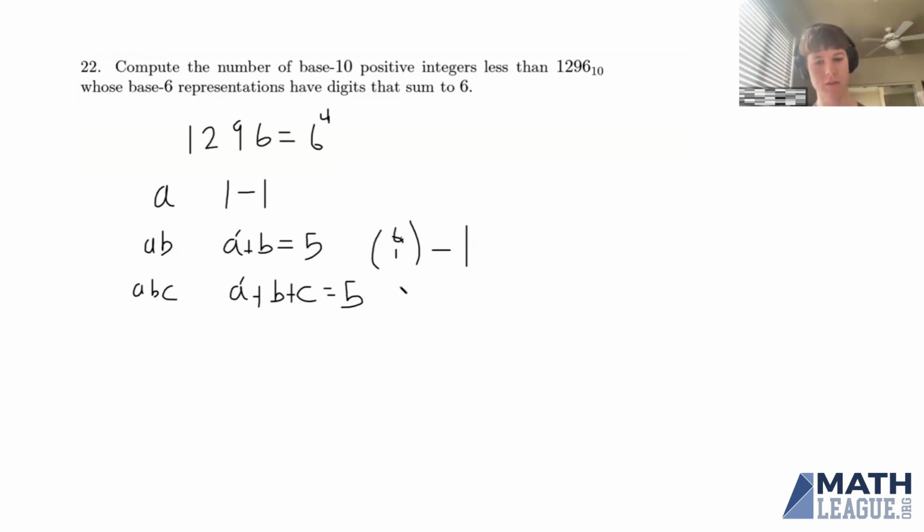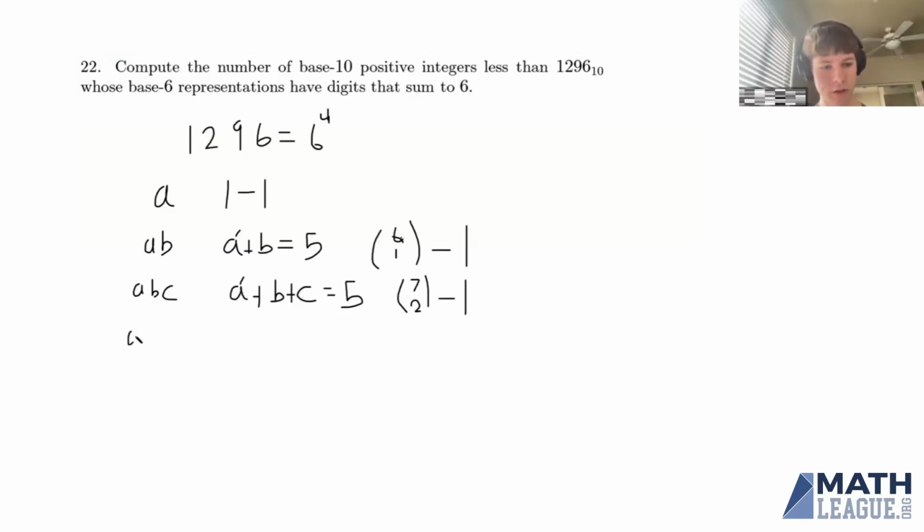Using the same idea, sticks and stones, we'll have 5 stones and 2 dividers, so that's 7 choose 2. And once again, if A prime is 5 and B and C are 0, that corresponds to just one case that we can't have, which is 6, 0, 0. So you have to subtract off 1.